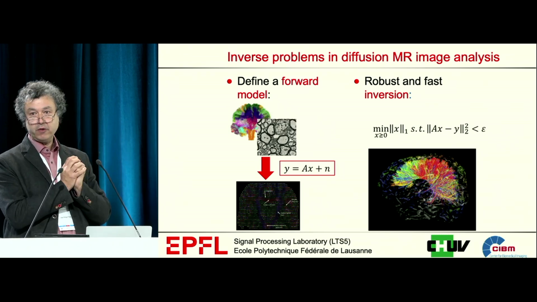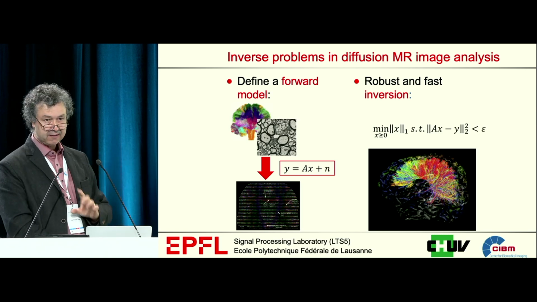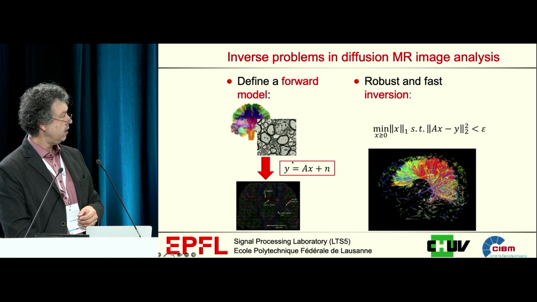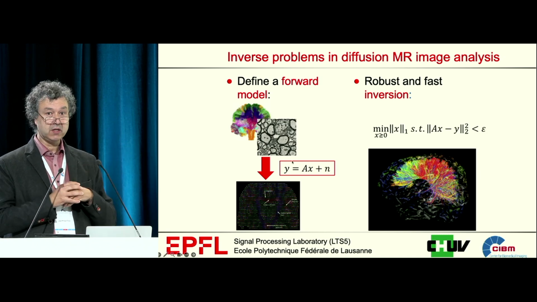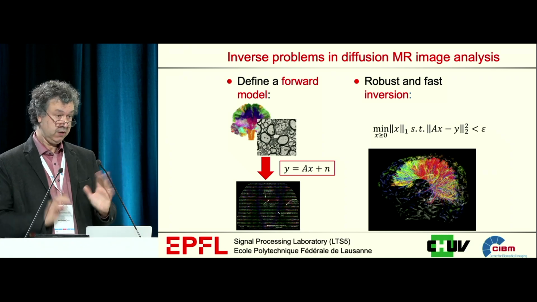Tubes of different radius, but simple parallel tubes, not more complicated than that. The only parameter was the mean value of the axon diameter within the voxel. So is my voxel made of big axons or small axons? It's very coarse, but let's take this.